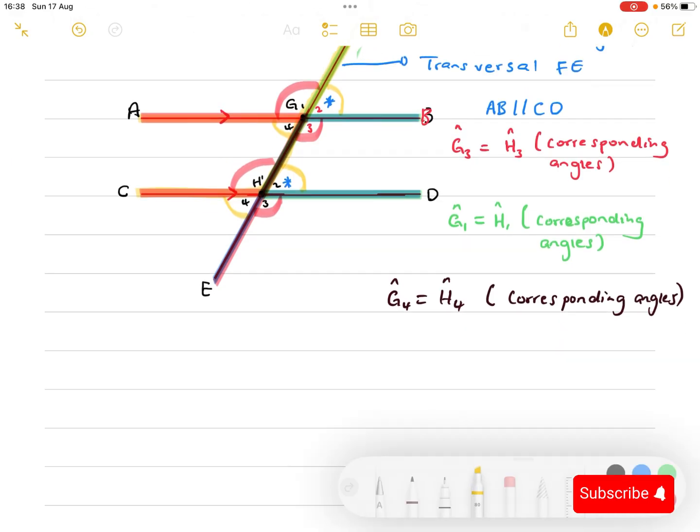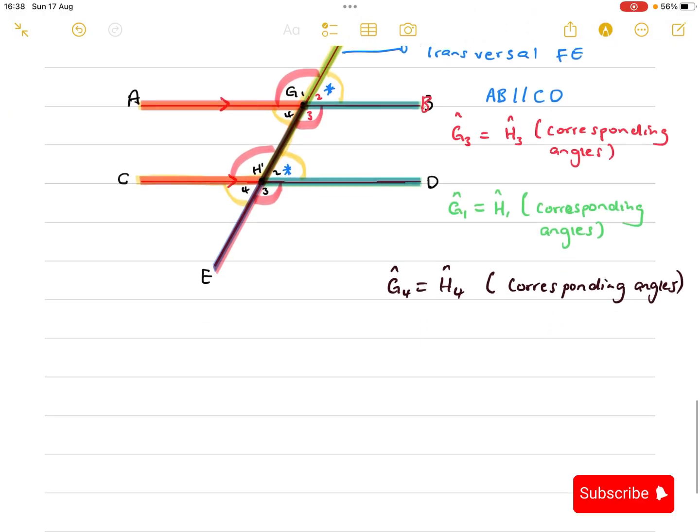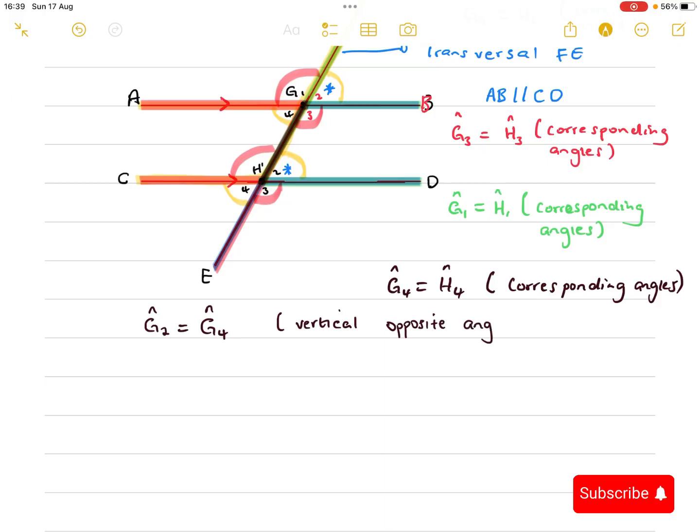Here, we said that when we look at vertical opposite angles, you can see that angle G2 is also equal to angle what? Angle G4. And that one is the vertical opposite angles.